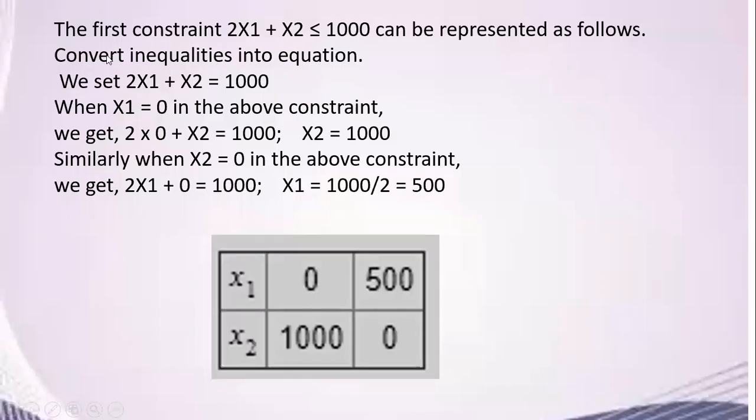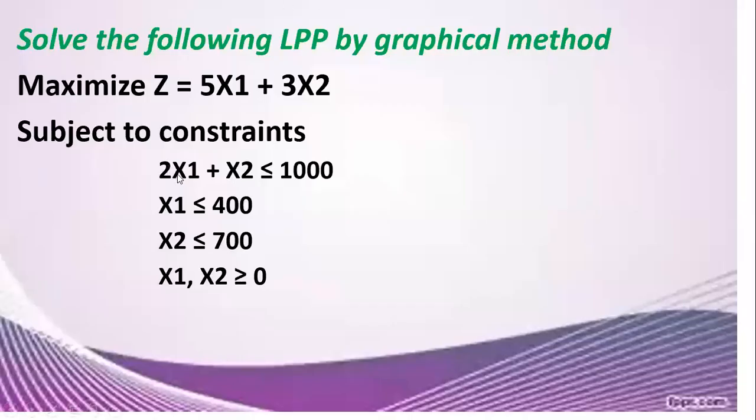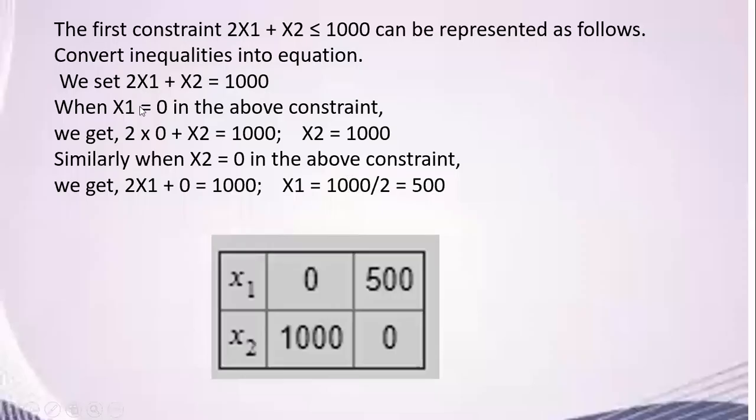See, what is the first step? Convert all the inequalities into equations. So the first equation is 2x1 plus x2 less than or equal to 1000. Convert this less than or equal to sign to an equal sign. So the equation becomes 2x1 plus x2 equal to 1000. Now assume x1 is 0 and find the value of x2.